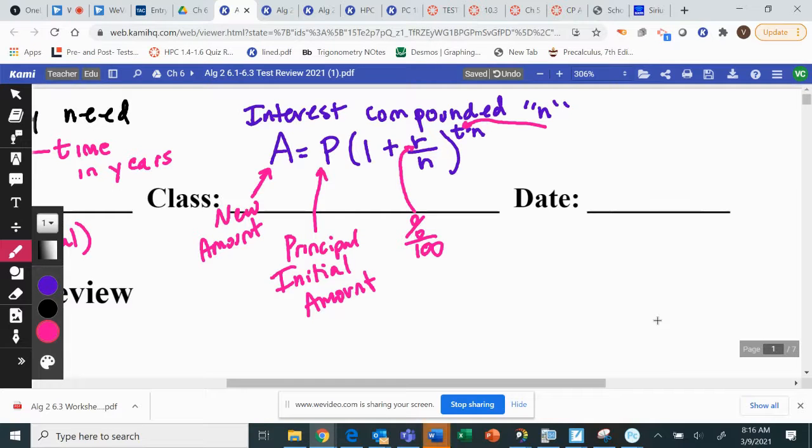The t is the time in years. And then the only thing new is the n. And the n is how many times compounded per year, the number of times per year. And that goes in two different places.